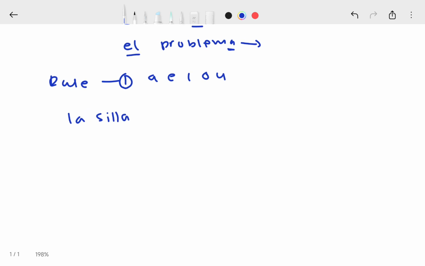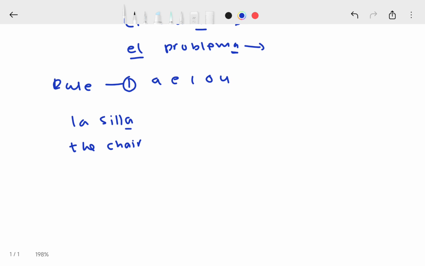La silla means the chair. As it ends with a vowel, we can convert it into the plural by adding s. So it will become las sillas. So this is one example, one way where we can convert the singular into the plural.